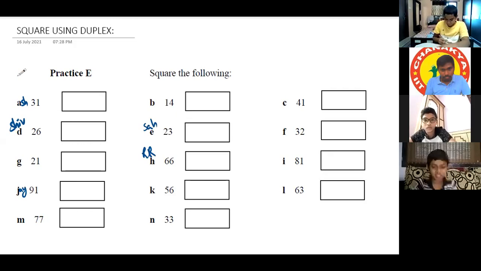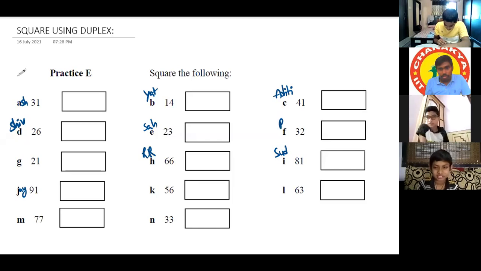Then B, Yatharth, because Ashwath already took A. Then D, Ritvikian, but D is already over. Then C, Aditi. Then I, Sudisha. Correct. Then F, Ritwik N.